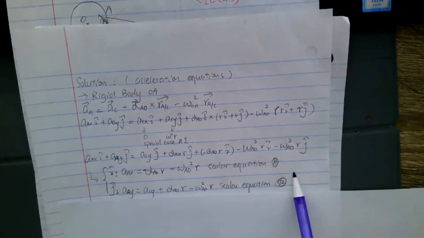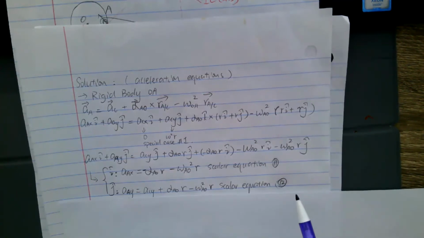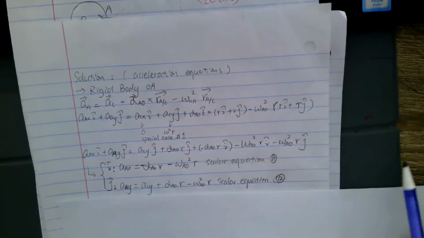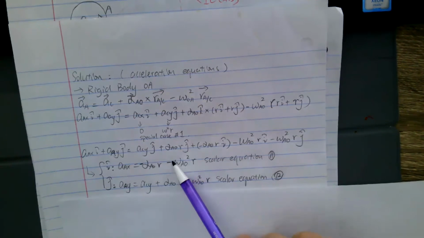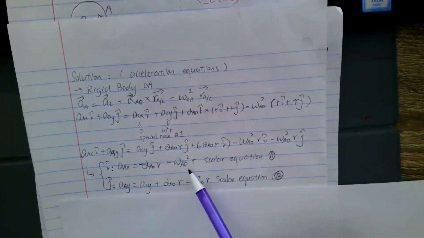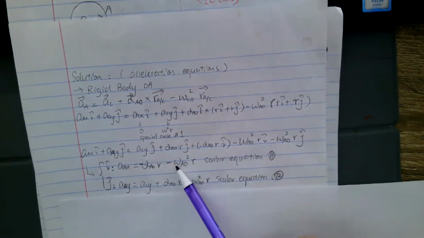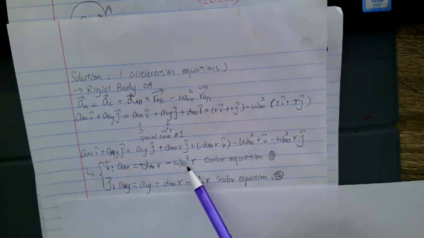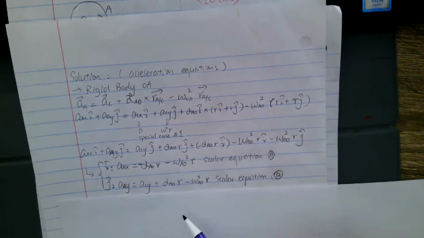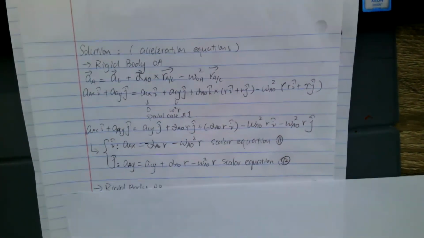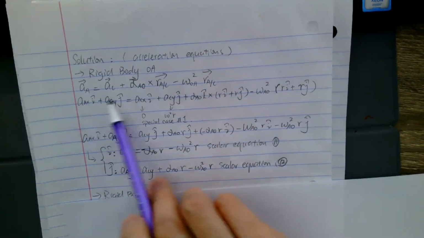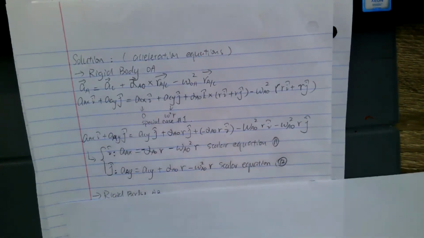That's scalar equations number 11 and number 12. And those omegas, omega AO, should be solved from the first 10 scalar equations by using the velocity equation. So that's the first acceleration equation on rigid body OA.